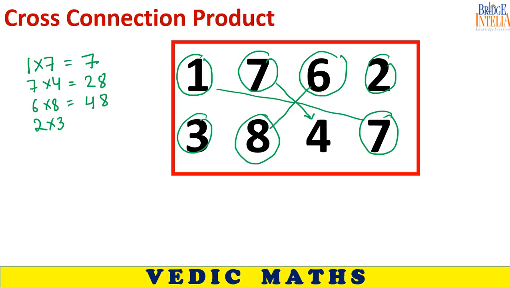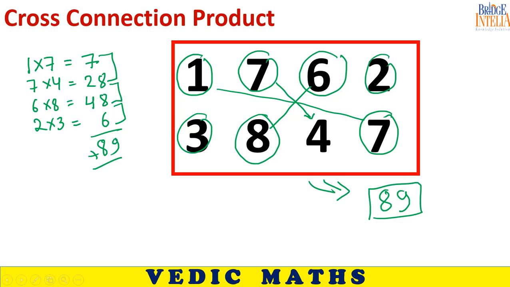So 2 into 3 is equal to 6. So let us see what is the answer. 7 plus 28, 35. 35 plus 48 is equal to 83. And 83 plus 6 is 89. So cross connection product of these numbers is 89.